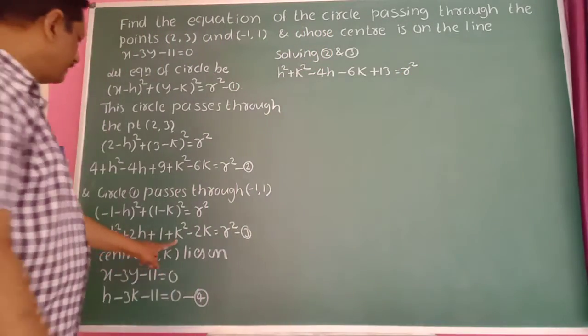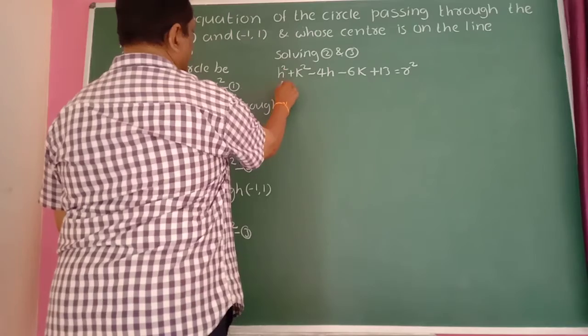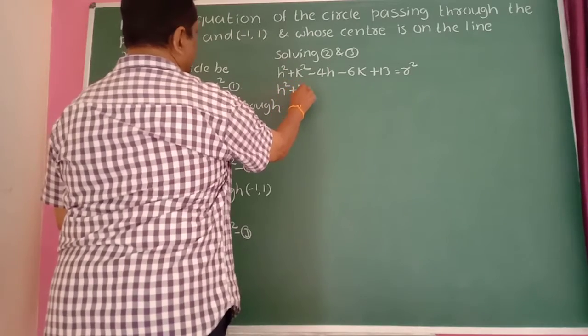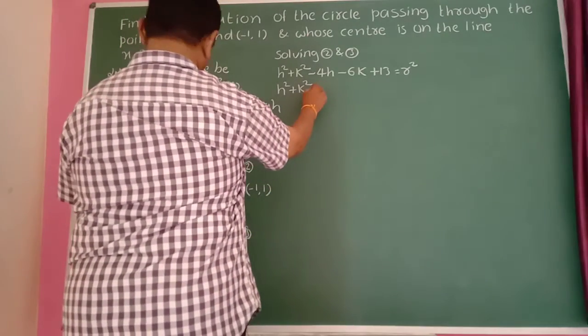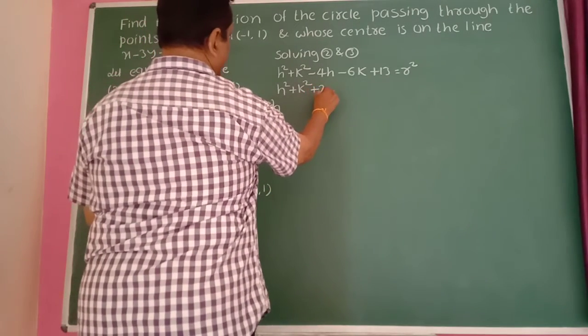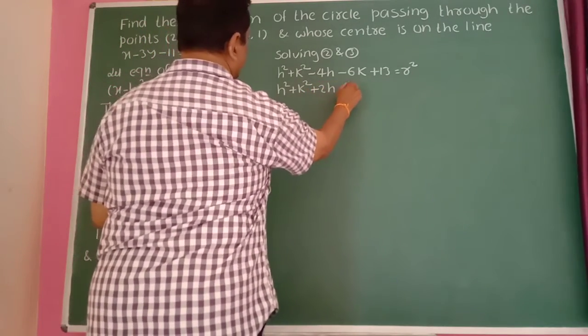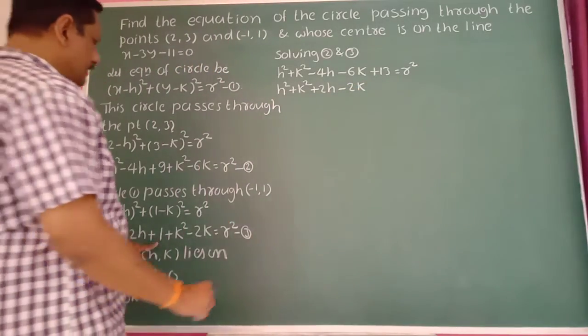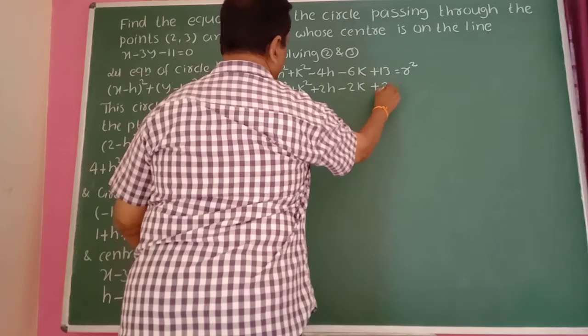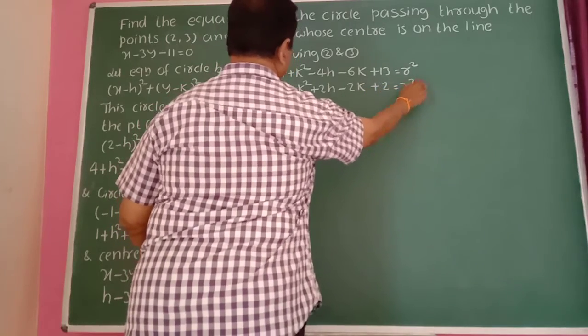Similarly, h square plus k square plus 2h minus 2k, and 1 plus 1 becomes 2, plus 2 is equal to r square.